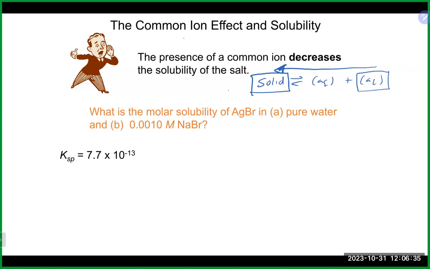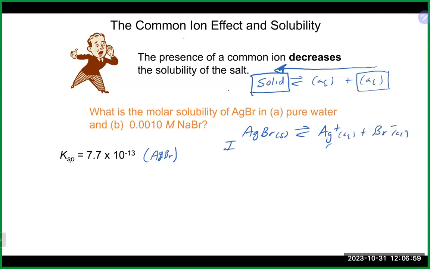So we could actually see the effect of it in these two examples here. If we look at silver bromide, this is the KSP for silver bromide. And if we look at it in water, our silver bromide will break apart into a silver ion and a bromide ion.